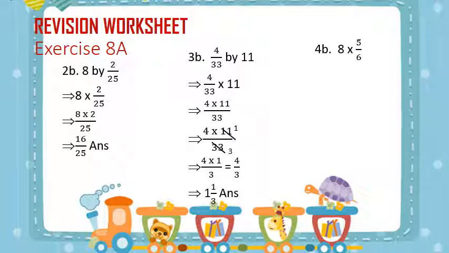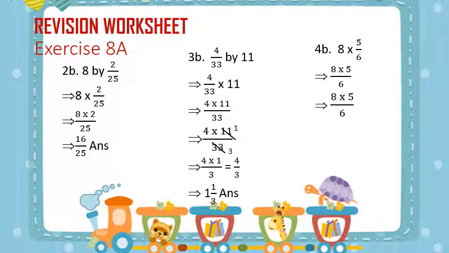Now let's move to the next question, which is the B part of question number 4. Here we have to multiply the whole number 8 by the fraction 5 by 6. So in the first step, what we are going to do? We will write in the numerator part 8 multiplied by 5 upon 6. Now children, again we can divide 8 and 6 by common number 2.